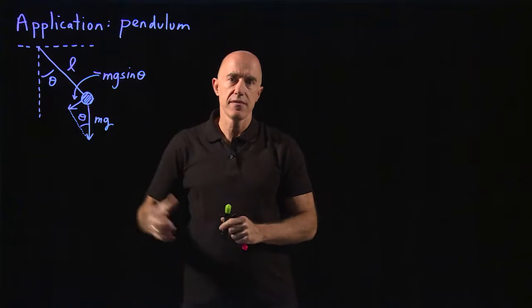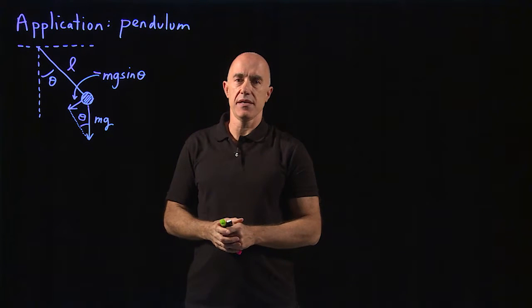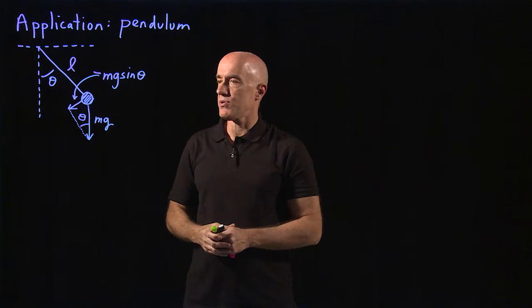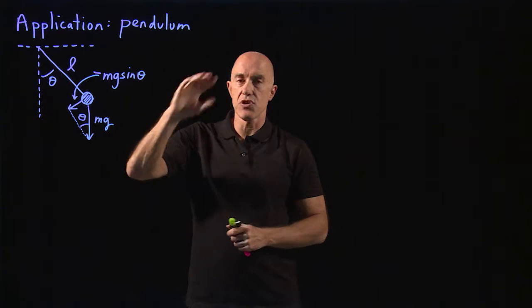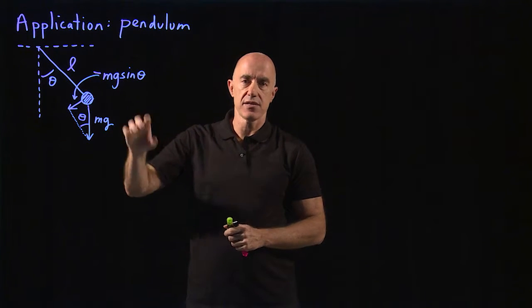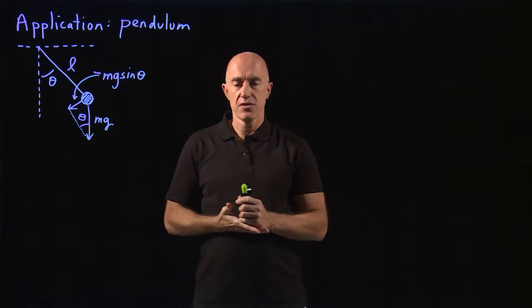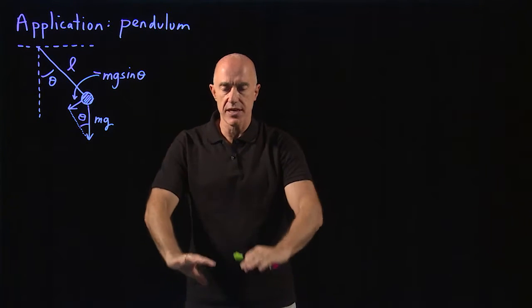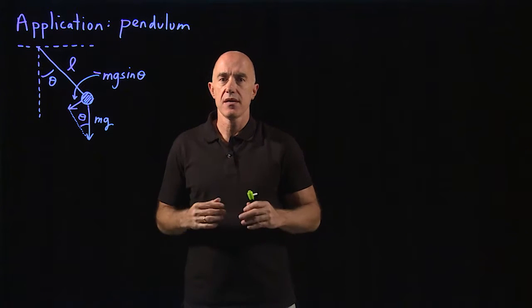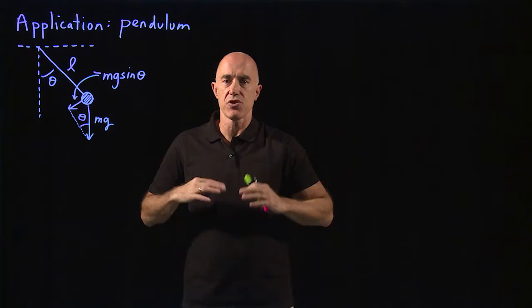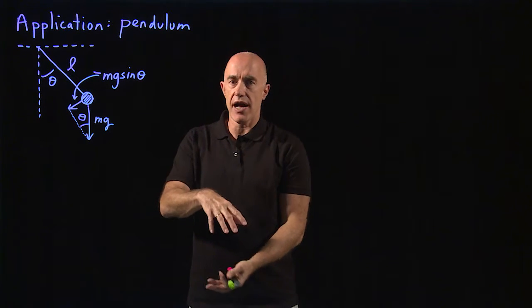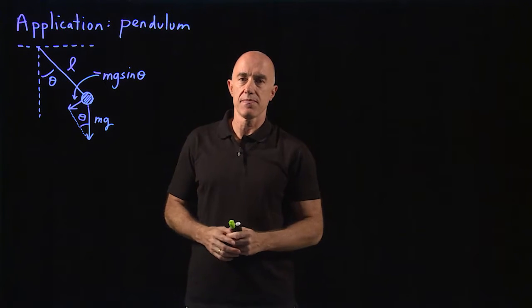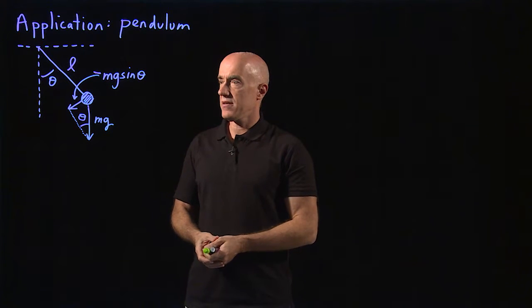There's a friction that's opposing the motion, damping the motion. And then there's an external force that is driving the pendulum. So one way of thinking about it is a dad pushing a child on a swing. The dad is providing the external force, and the child is the pendulum on the swing.